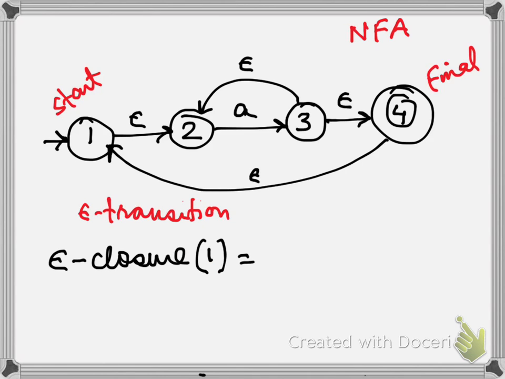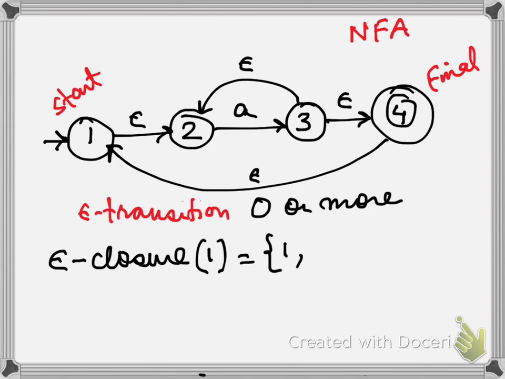We have to find the set of all states which are reachable from 1 by following 0 or more epsilon transitions. If it is 0 epsilon transitions from 1, then I will always reach 1. So in the closure, the state from which we start is always included.